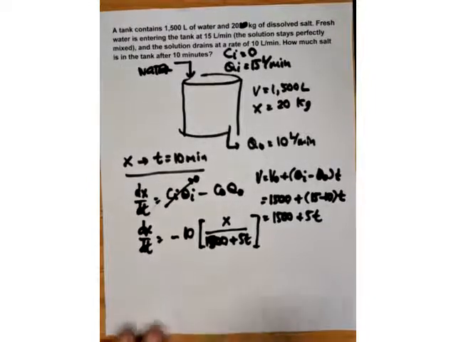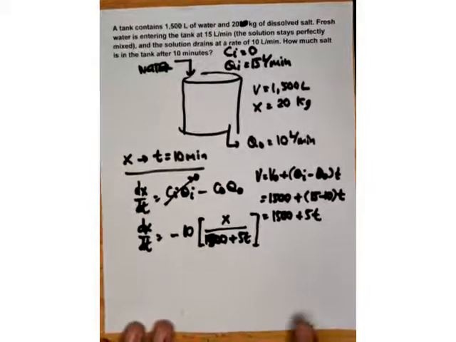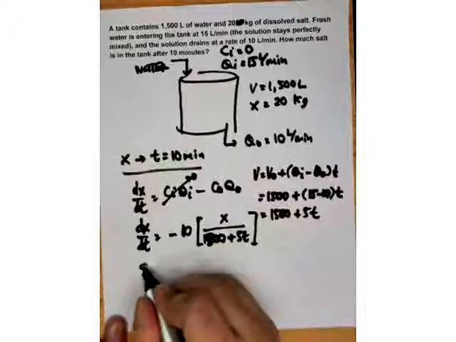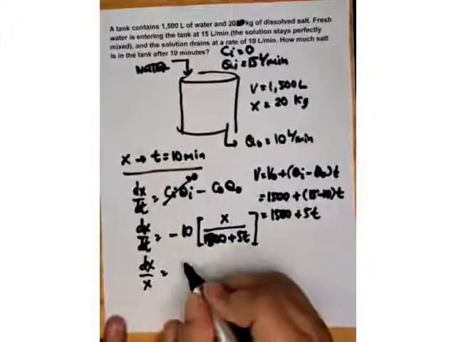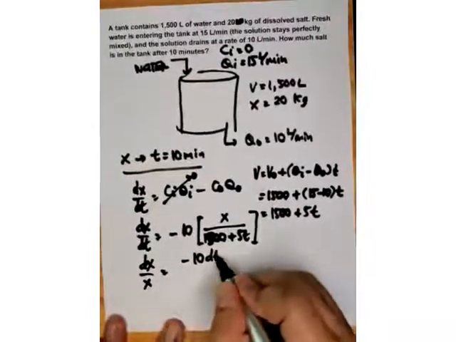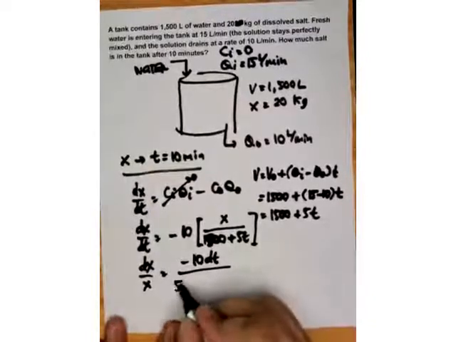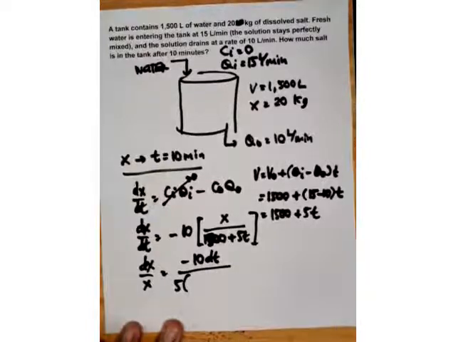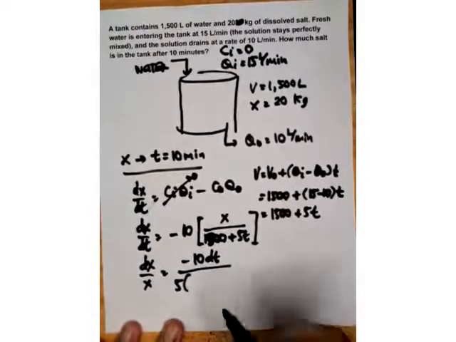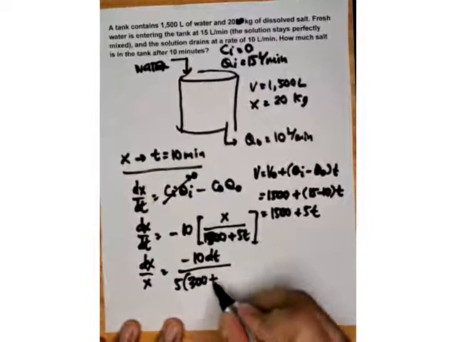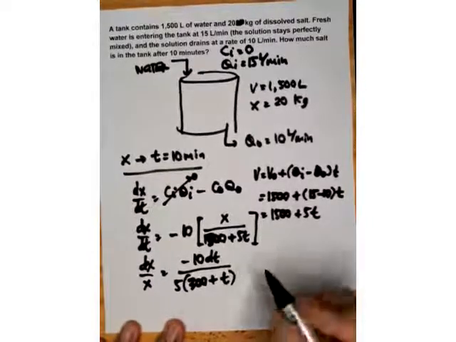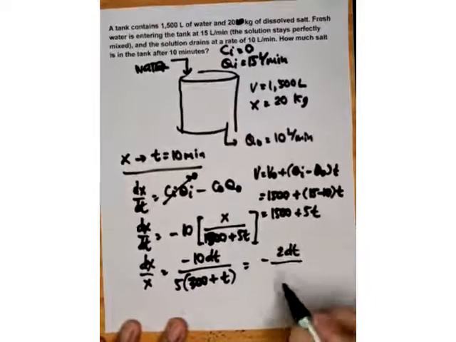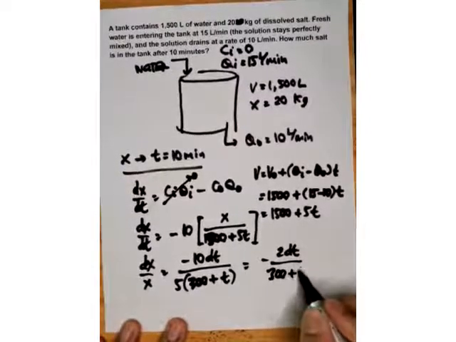Okay. So, gagawin natin is naging separable lang naman siya kasi water yung pumapasok. So magiging lang siyang dx over x is equal to negative 10 dt over, factor out natin yung 5, 5 times 1,500 divided by 5, 300 plus t. Or this is equal to negative 2 dt over 300 plus t.